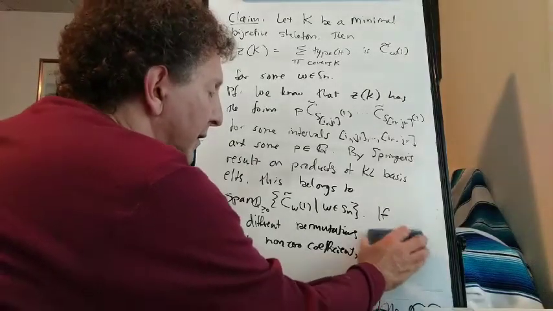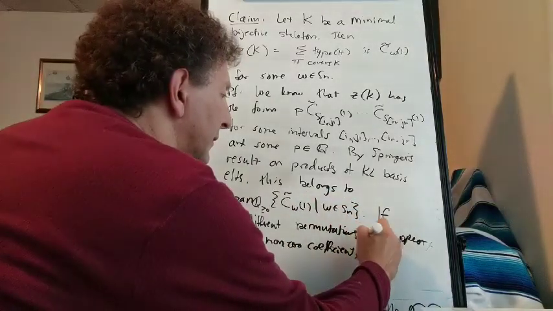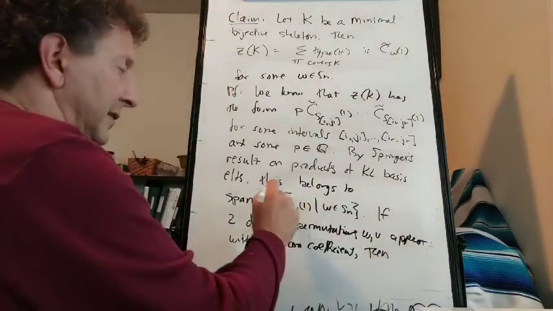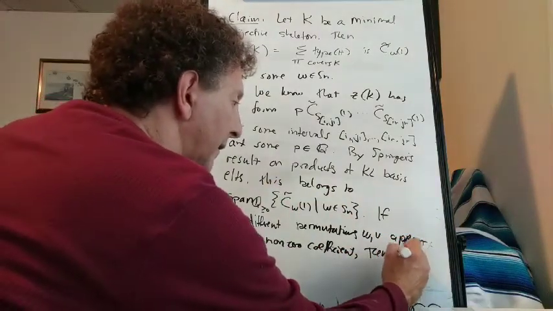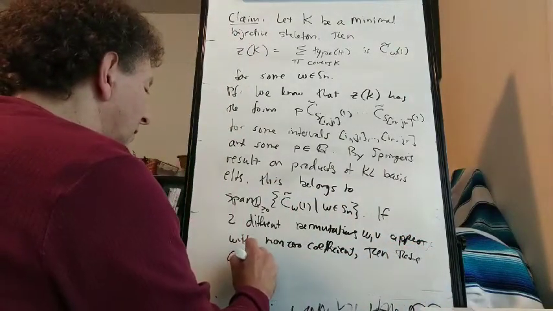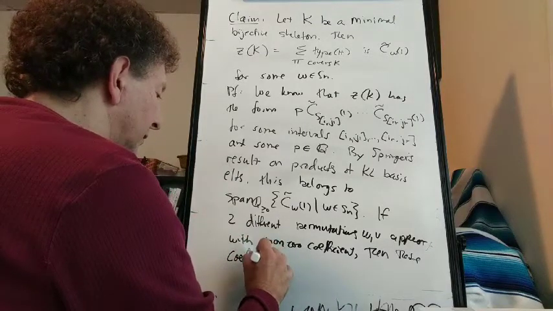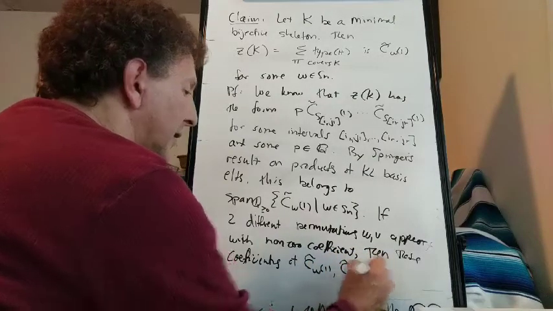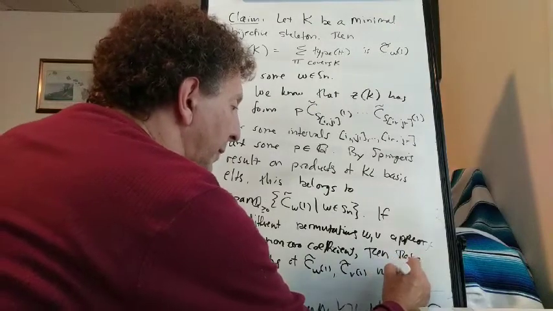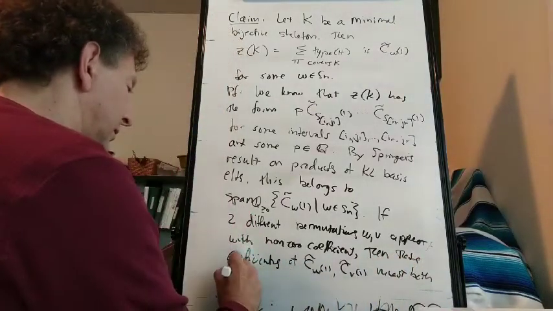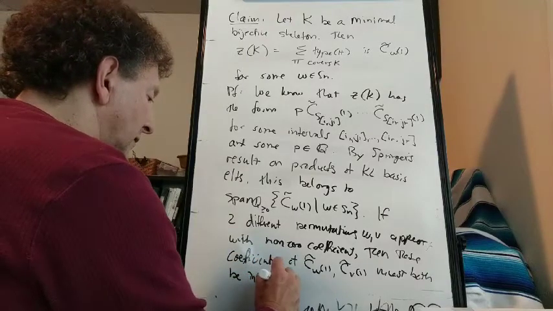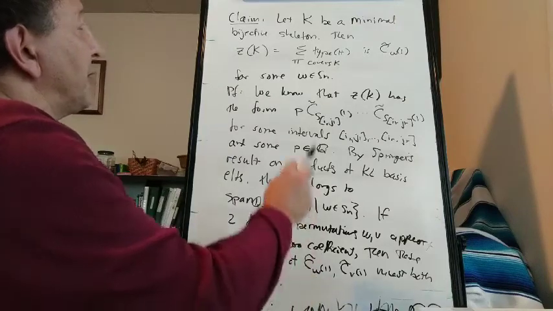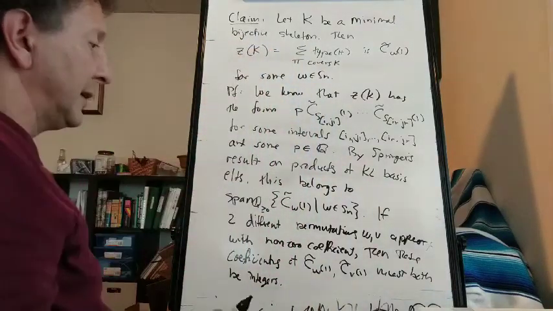Let's say W and V appear with non-zero coefficients, and I really mean C sub W and C sub V. Then the coefficients of CW and CV must both be integers, because W is appearing because of the number of path families of type W covering K. That has to be an integer.